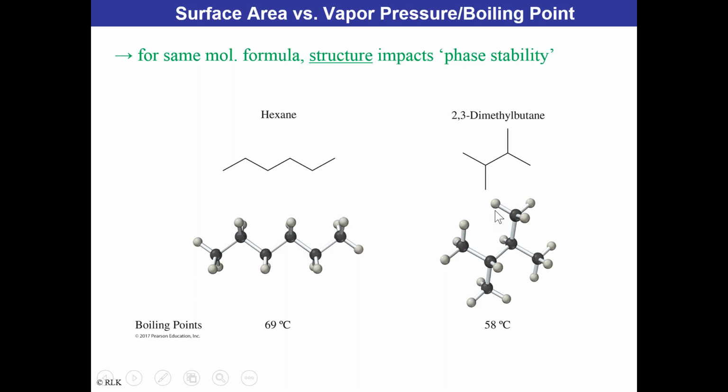So really interesting here. The longer, straighter chain gives rise to a higher boiling point. The dimethylbutane structure is generally a little bit more spherical in nature, and so by virtue of that surface area, it helps to depress the boiling point just a bit. So kind of interesting.